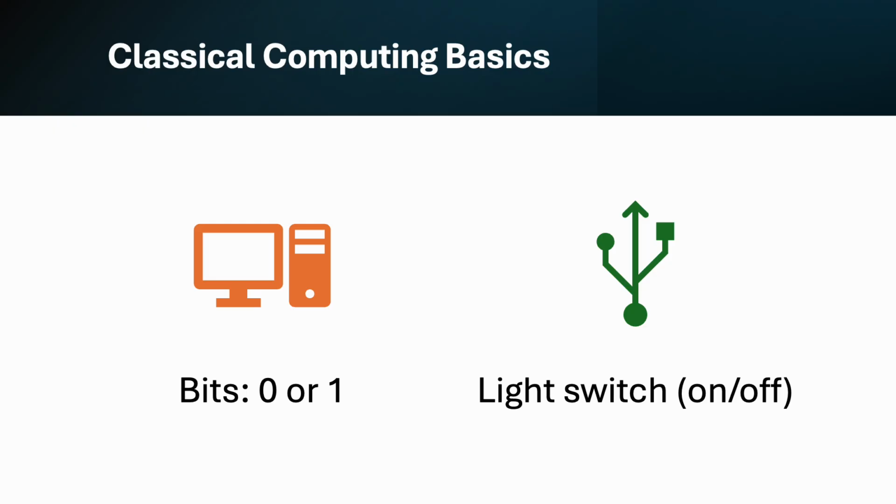However, they do this by following a linear, step-by-step process. The computer reads an instruction, executes it, stores the result, and then moves to the next instruction. This sequential processing is both the strength and the fundamental limitation of classical computing.